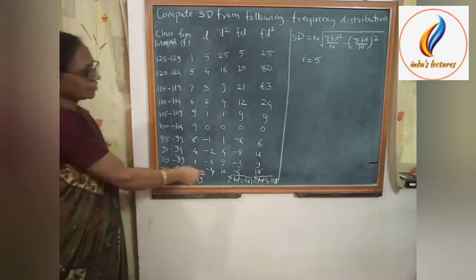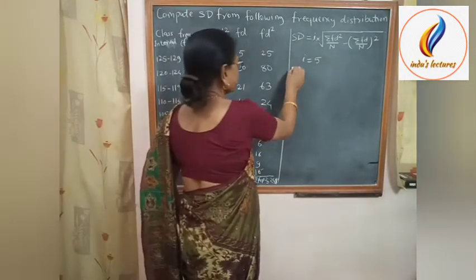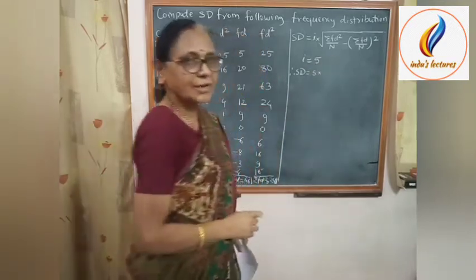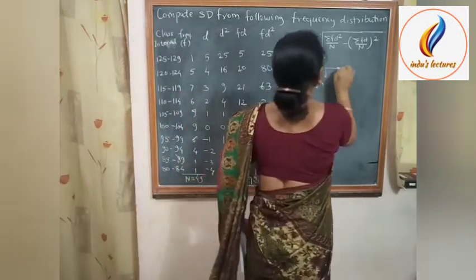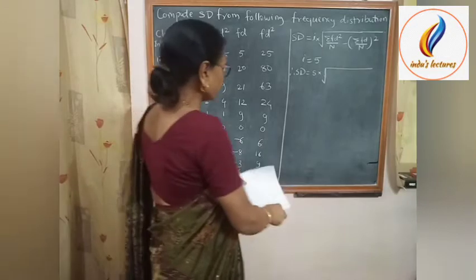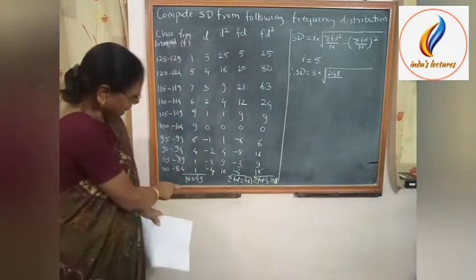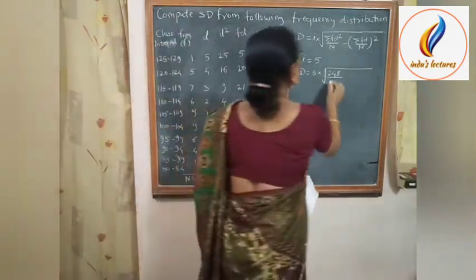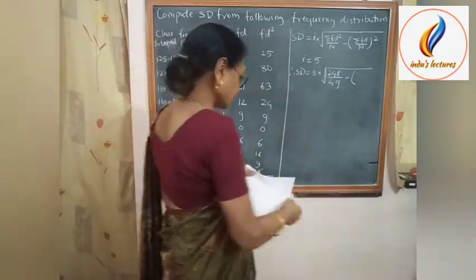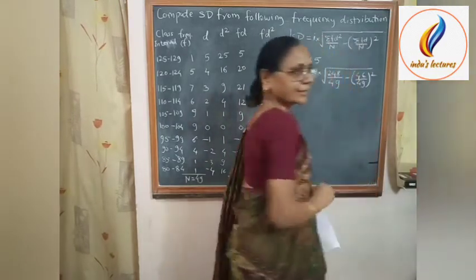Now by putting all these values in the formula, we can calculate the value of standard deviation. So standard deviation is equal to 5 multiplied by, because the length of class interval is 5, under root of sigma fd square, which is 248, upon n, where n is equal to 49, minus sigma fd, which is 46, upon 49, whole square.